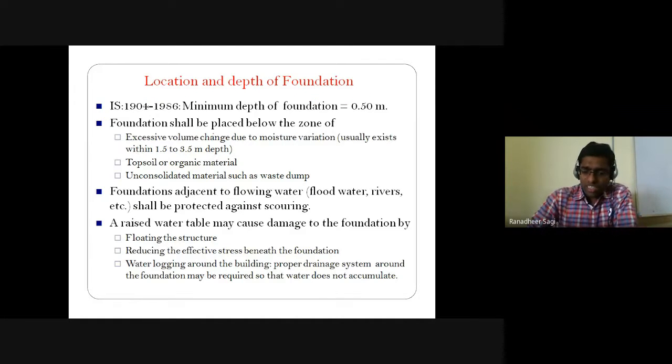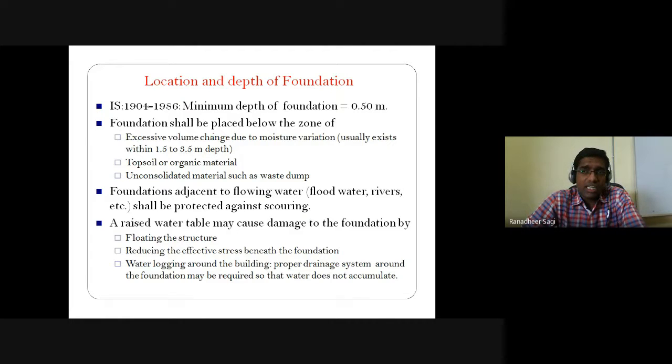Now, after understanding the different types of shallow foundations that we come across, the major important aspect we need to know is at what minimum depth I should be constructing that shallow foundation. Can I construct the shallow foundation at the ground? Ideally, no. We cannot construct a shallow foundation directly on the ground surface for various reasons mentioned here.